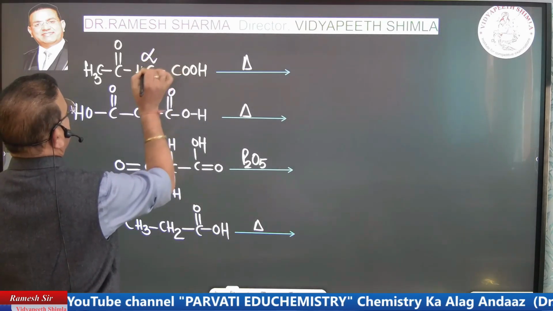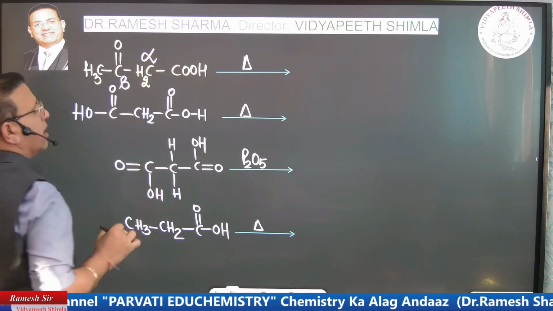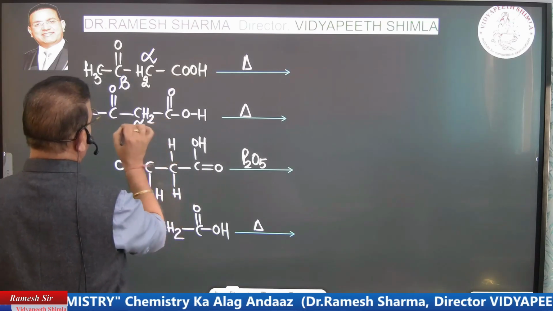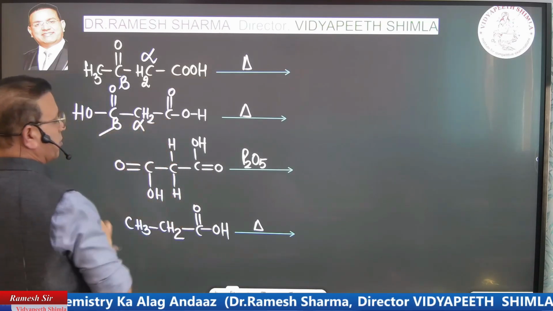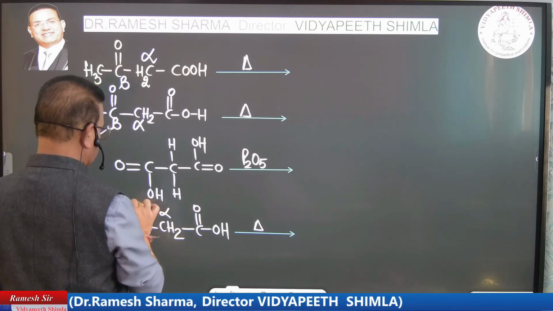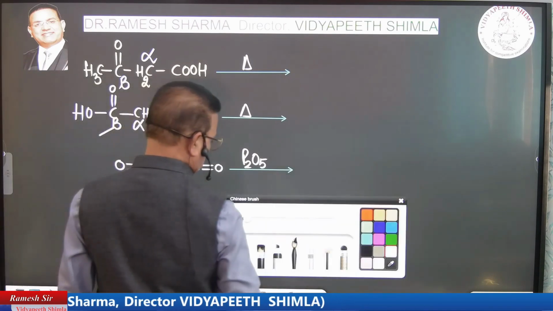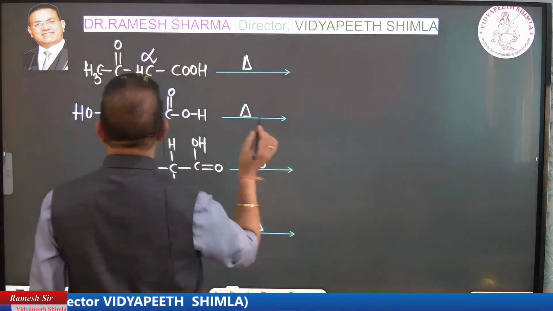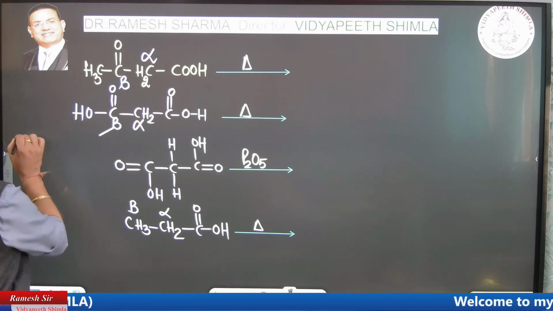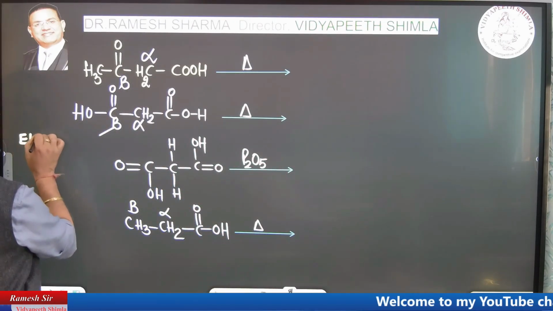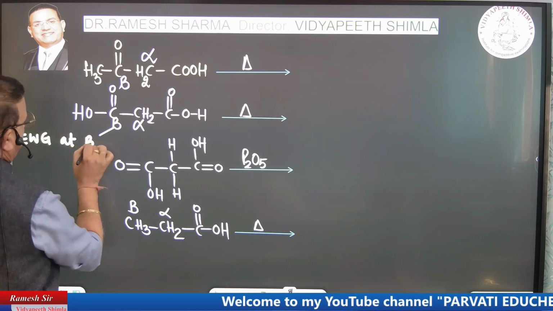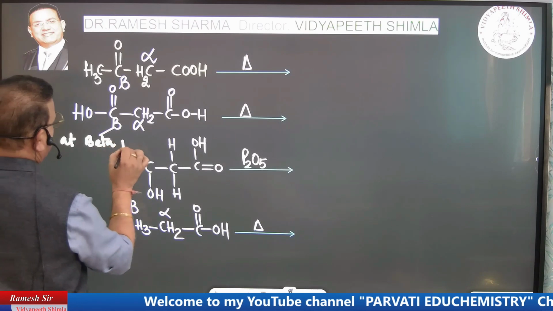This is alpha, so beta is withdrawing. This is alpha, beta, beta is again withdrawing. This is alpha, this is beta, no electron withdrawing group. So we are saying electron withdrawing group at beta position.